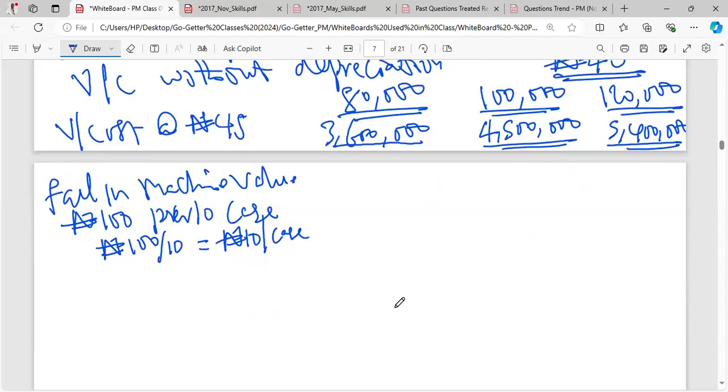So you will now say 10 naira multiplied by, so I'm going to clean this underline I did here. I'll clean them up here.